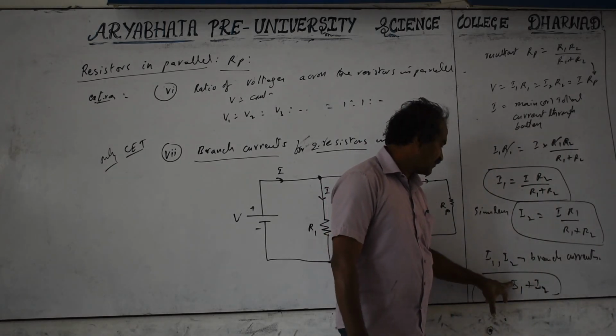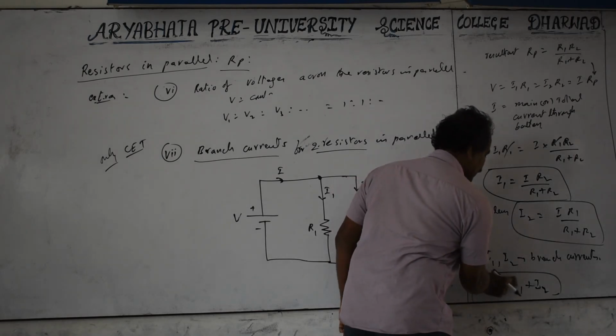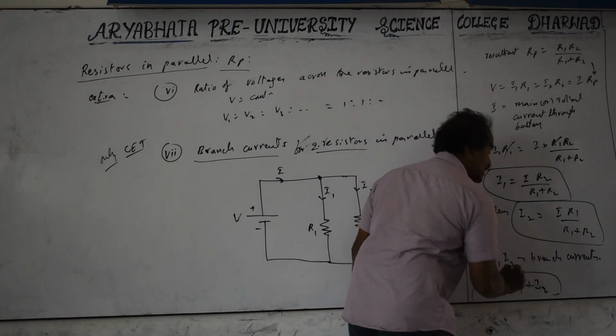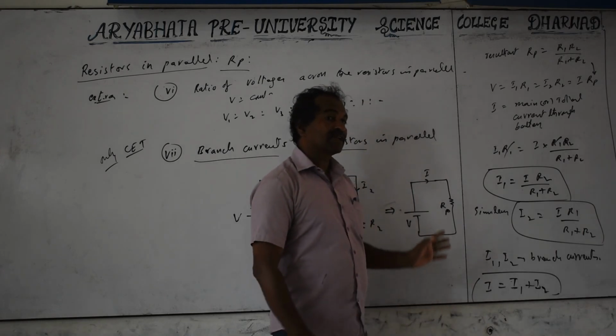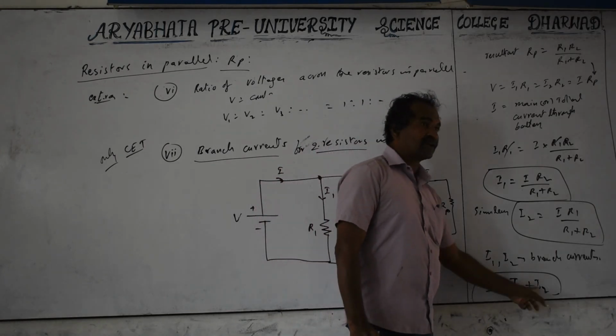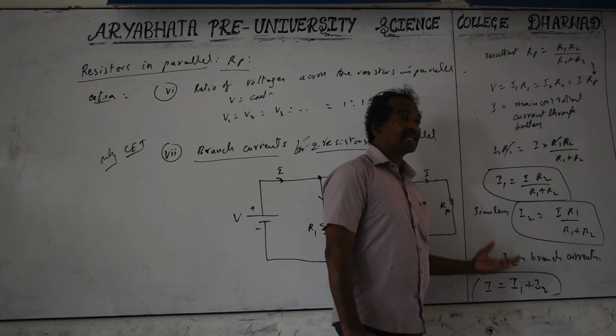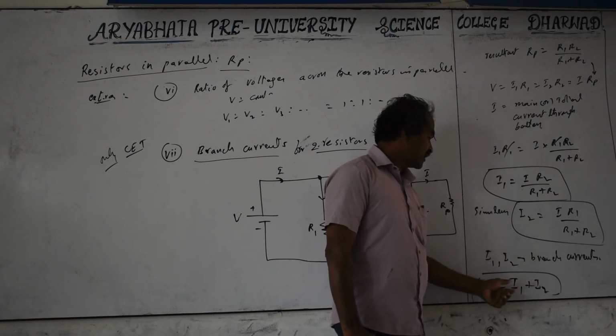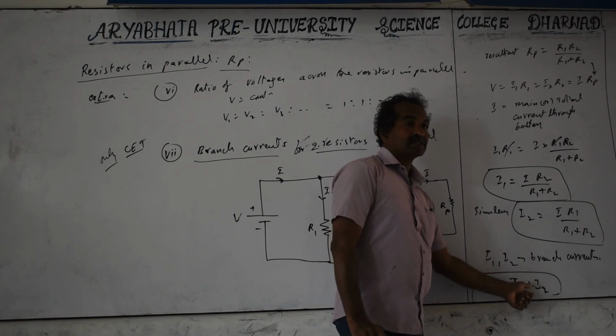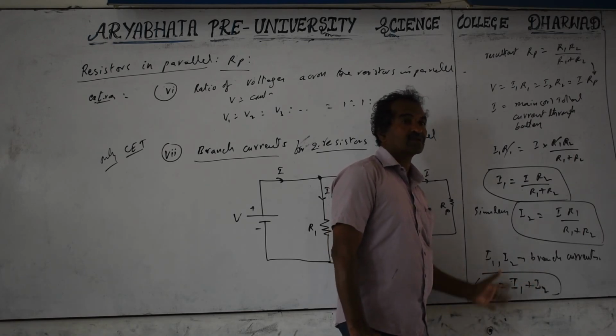Similarly, for 3 identical resistors in parallel, all have the same current, so I = I1 + I2 + I3 = 3 I1. For n identical resistors in parallel, n times I1 equals the total current.